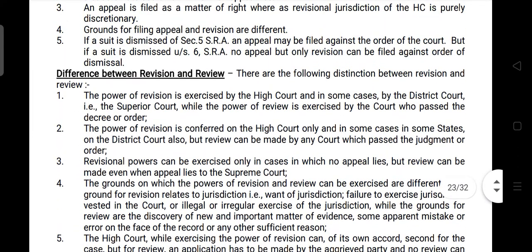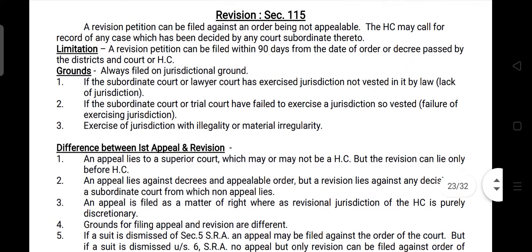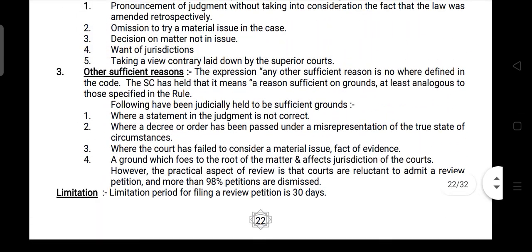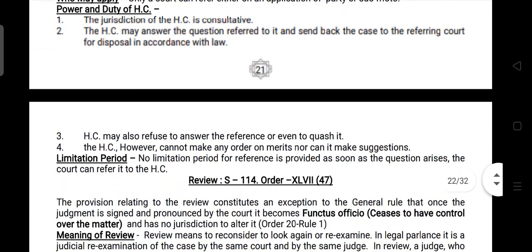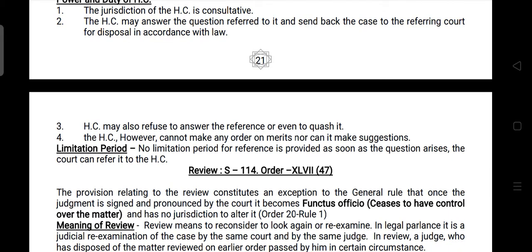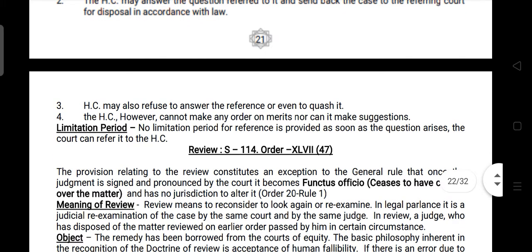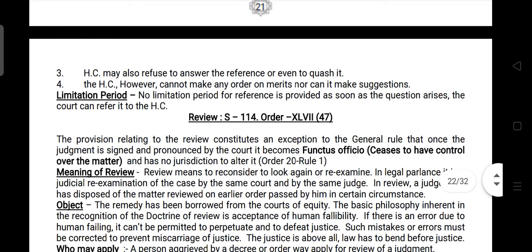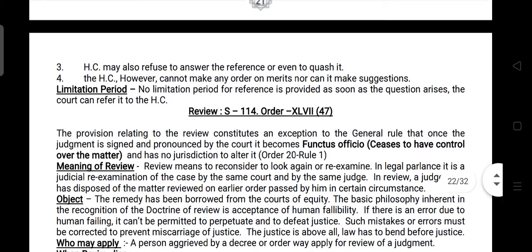Okay, fine. Next we have to deal with review. The concept of review is given under Section 114 and Order 47 of the Code.